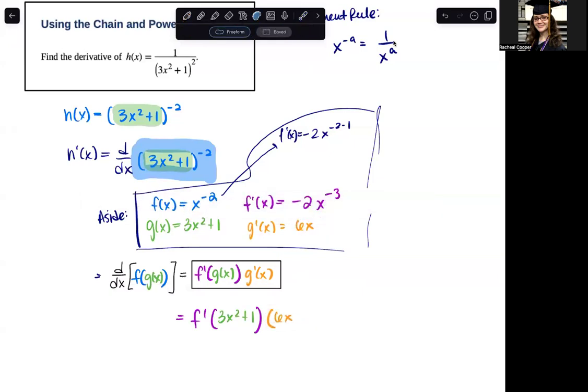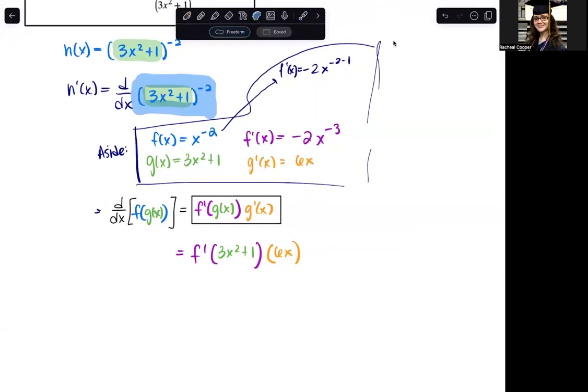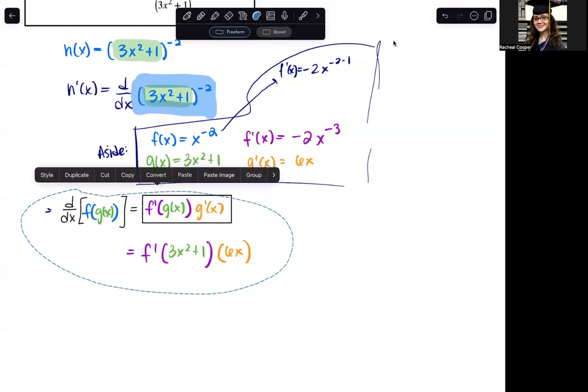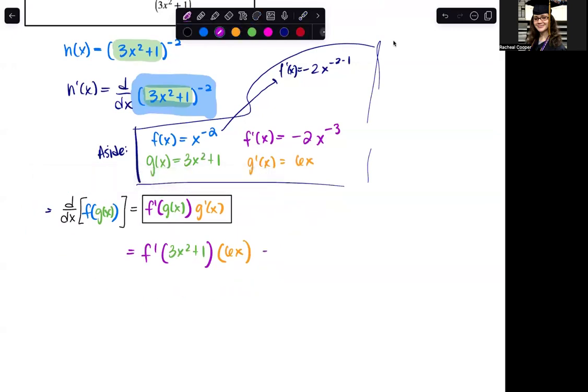Another way to write this that may be helpful to you if this notation bothers you is as follows. So this is an equivalent expression. You could also write this as negative 2 times g of x times g prime of x. Sorry, negative 2 times g of x, the green function, to the negative third.